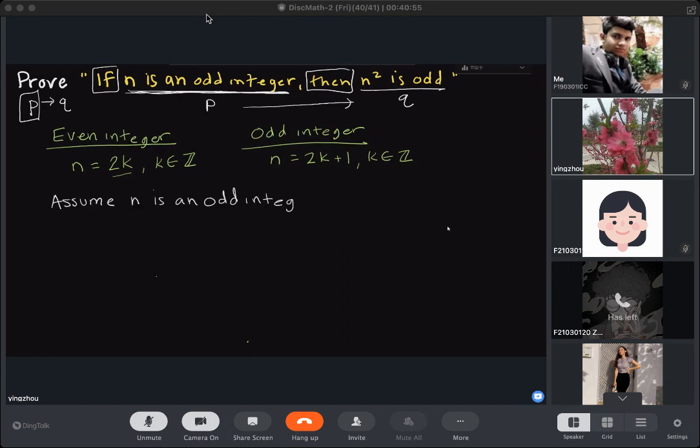Based on that, then I'm going to use my definition of an odd integer that says then n equals 2k plus 1, where k is some other integer. And now I'm going to go about proving.